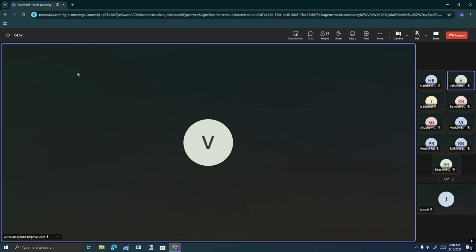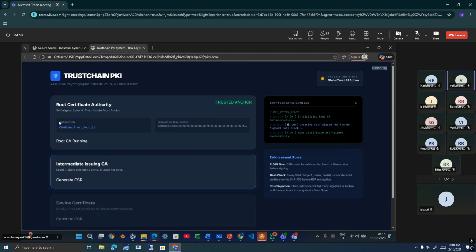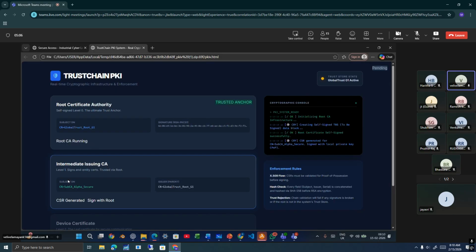For any trust anchor, first you have a root of trust. You will initialize with your root of trust. When the root is running, then they will generate the certificate list. Then at intermediate certificate issuing time, you will sign with the root.